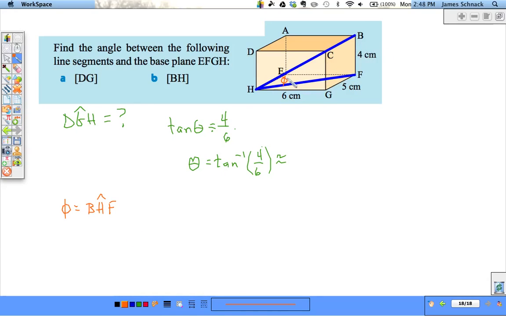And I know the opposite side. I know what is opposite angle phi. But I don't know either one of the other sides, and we're going to have to use the Pythagorean theorem to help us find HF.